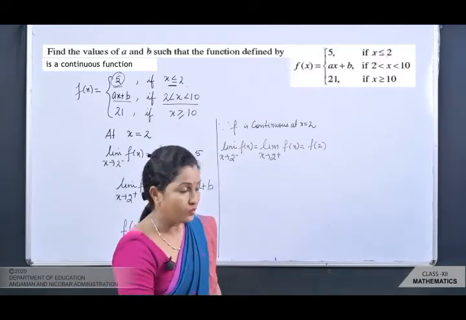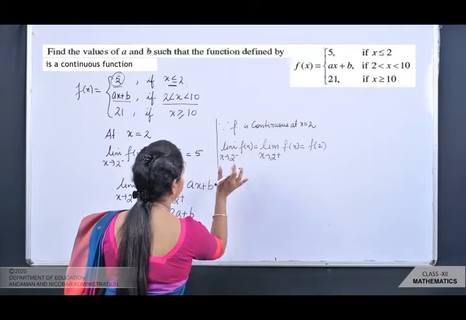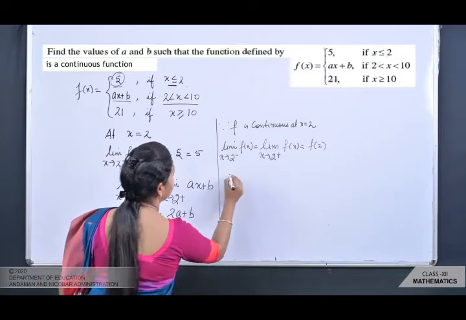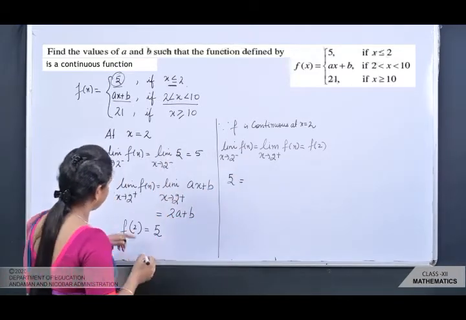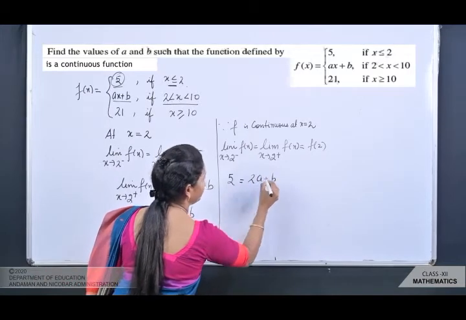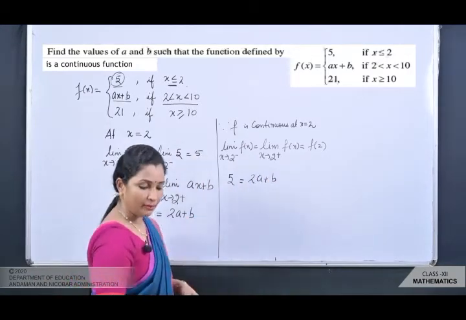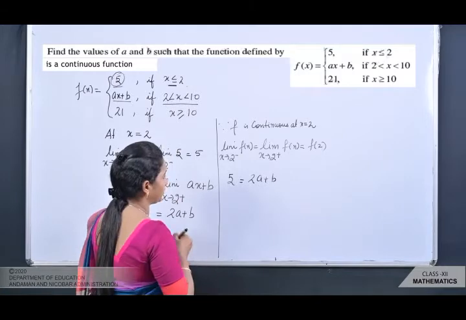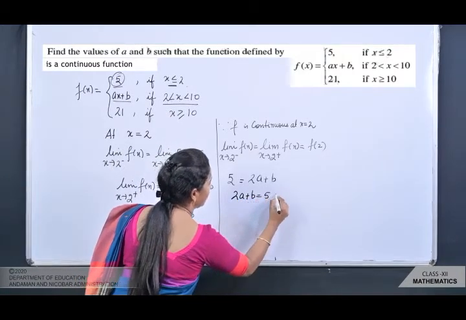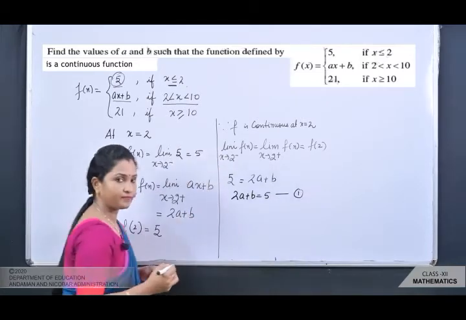Correct? Now we will substitute the value of 2 minus, it is nothing but you can say 5 and 2 plus 2a plus b. ठीक है, तो आपको क्या मिला यहाँ पे? आपको मिला एक इक्वेशन 2a plus b is equal to 5, equation number 1.